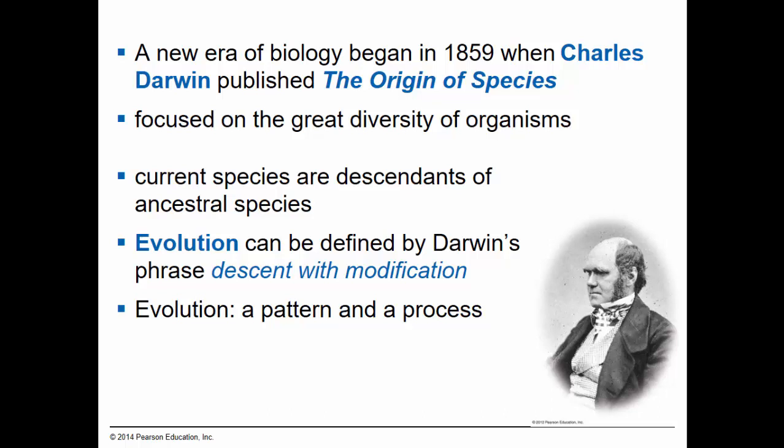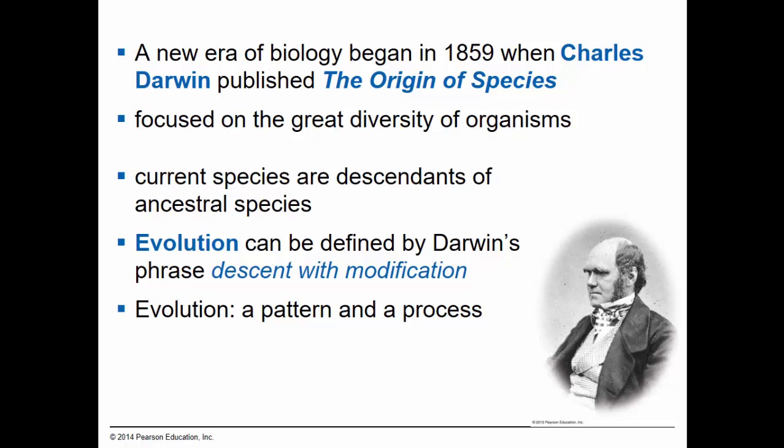His ideas focused on the amazing diversity of organisms, but also the fact that even though there are so many different kinds of organisms, there are certain features and structures that they all have in common.